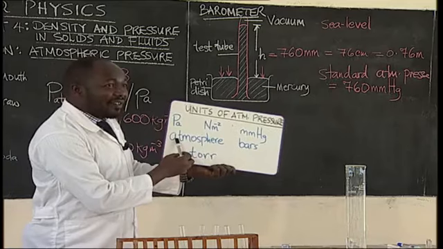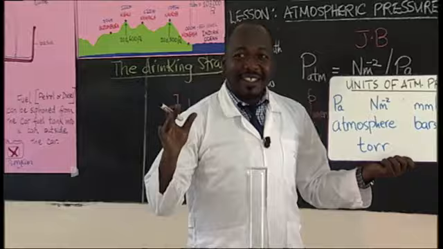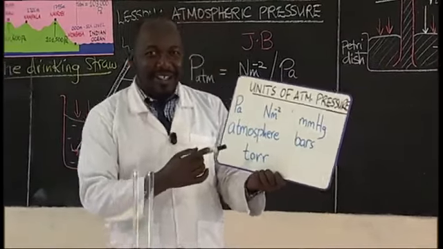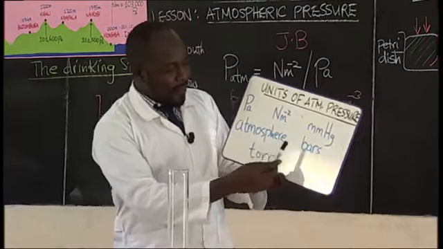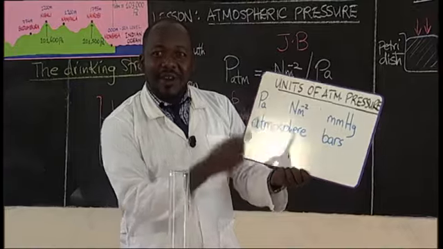So it means millimeters of mercury is another unit of atmospheric pressure. Then we have atmosphere. Isn't that puzzling? How can atmosphere be a unit? But it is a unit. We shall see what it means. Then we have bars. Then we have torr.